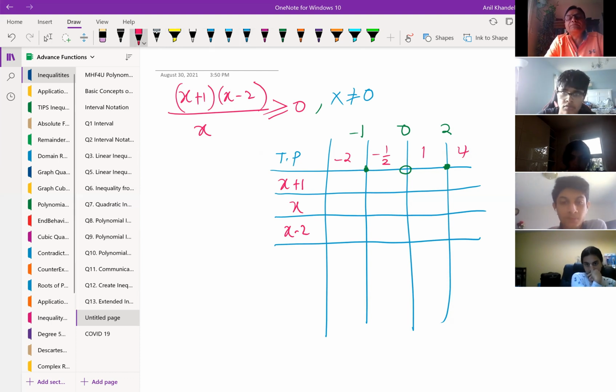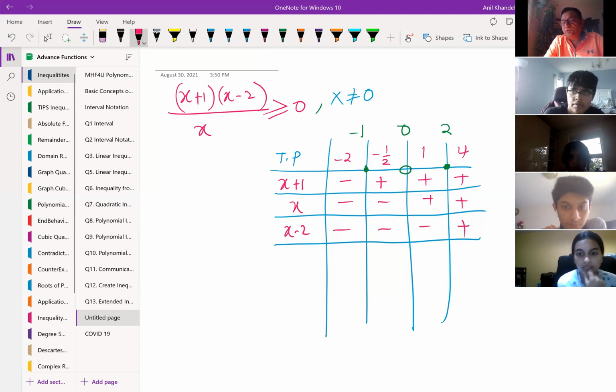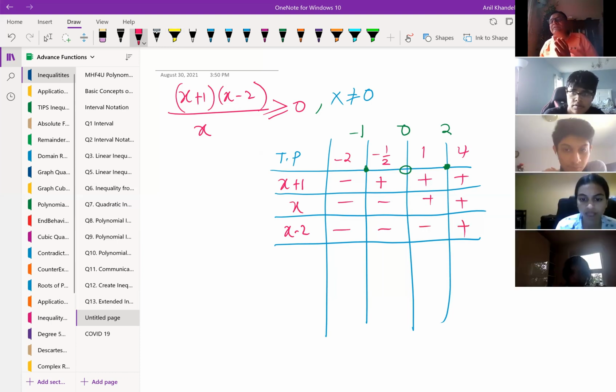Positive or negative? Negative. And for x and x minus 2, negative, negative. Do you see the way in which positive and negative have come? They have come in an order only because I have written my factors in order, correct?